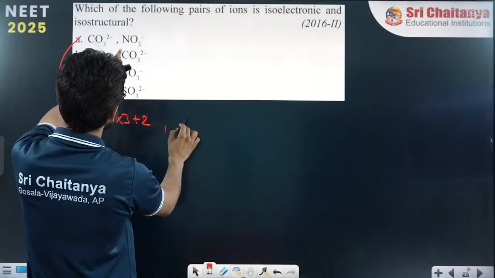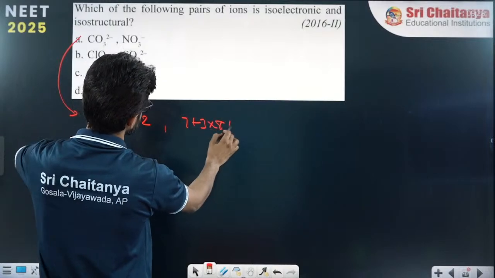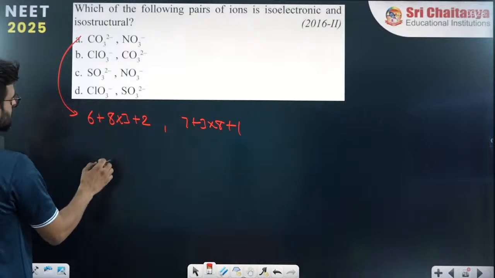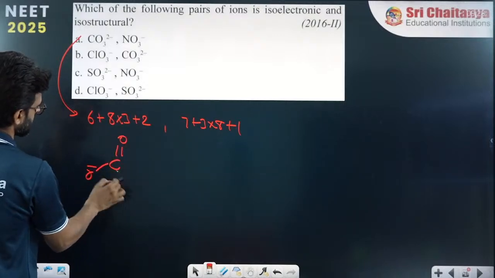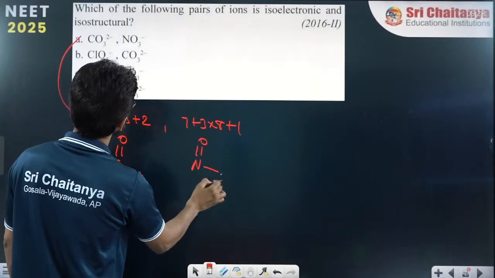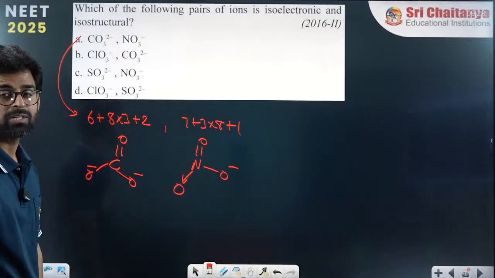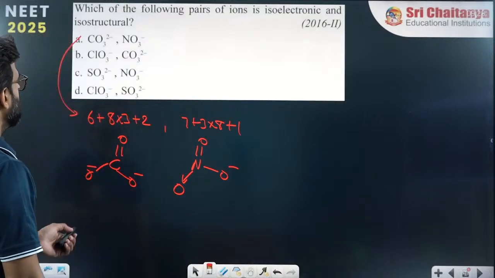In the other ion, nitrogen has 7, 3 into 8, and plus 1. Total electrons are the same here, you can check. Now the structure: carbonate is trigonal planar, nitrate is again trigonal planar. So they are isoelectronic as well as isostructural.